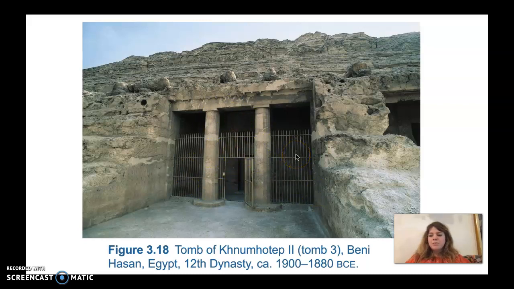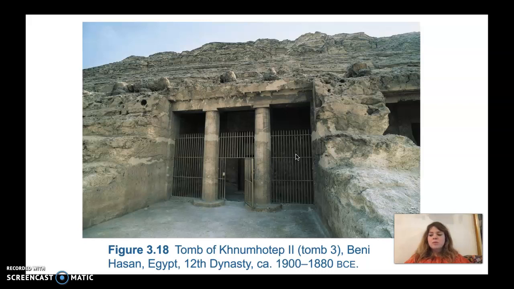Then it leads into another columned hall, and finally ends with a burial chamber at the end of the hall. There are statues of the deceased in different niches in the wall, and a lot of painted reliefs and murals on the walls as well.